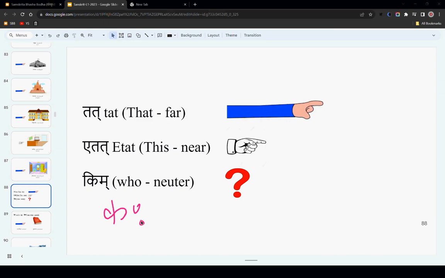Right? So we asked kaha, esha, saha, or ka, sa for the strilingam. But if it is a Napumsakalingam word, to ask the question regarding that word, we used kim.